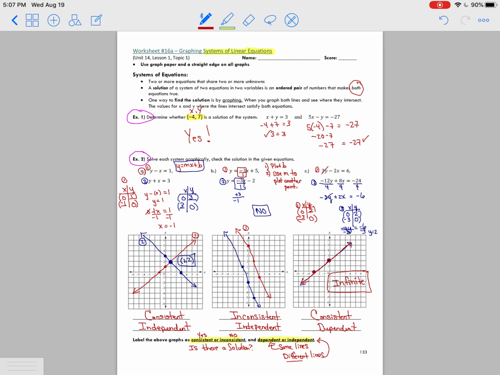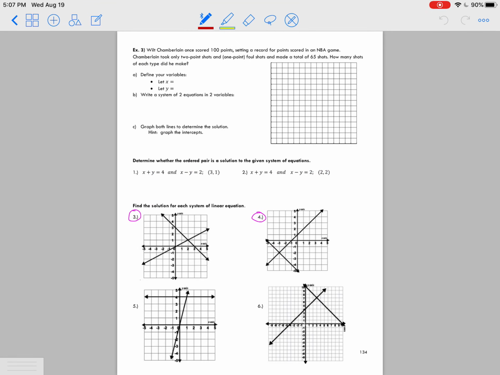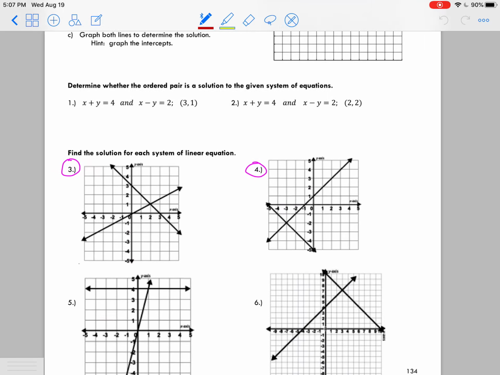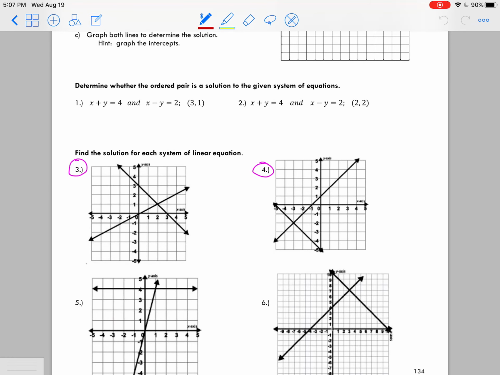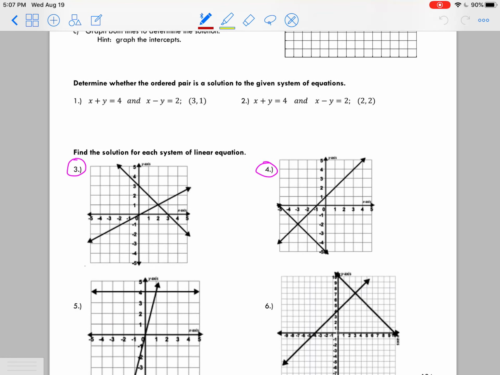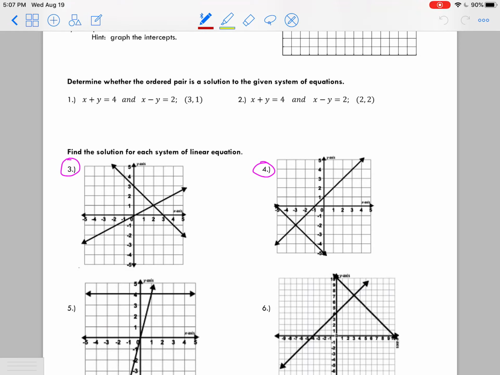All right, guys. So let's move on. I'm going to skip over example 3. That's an application problem, and I'm going to be doing a separate video on the application problems. Okay, guys. So let's look at number 3, though. It says find the solution for each system of linear equations. And I'm going to iterate this now because I neglected to do that on the note page.